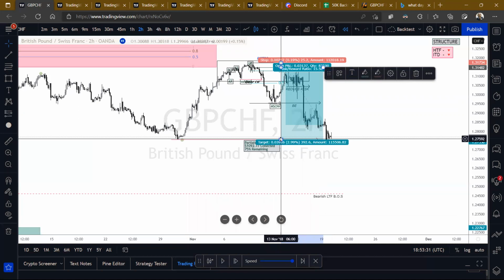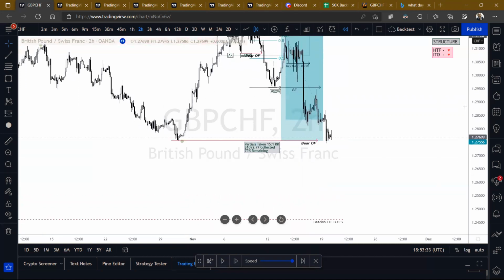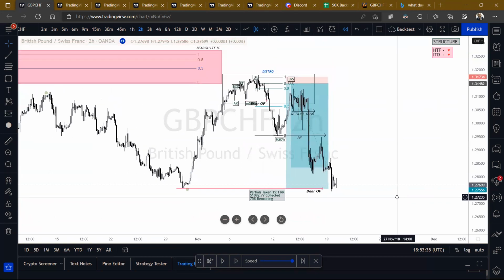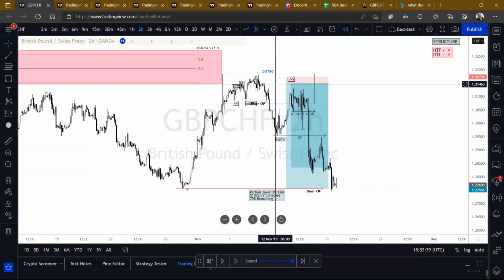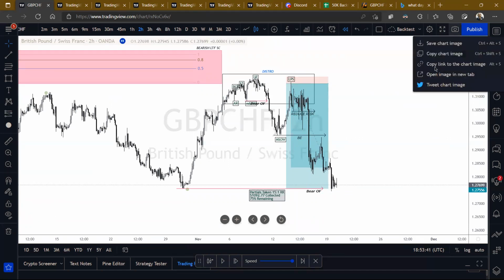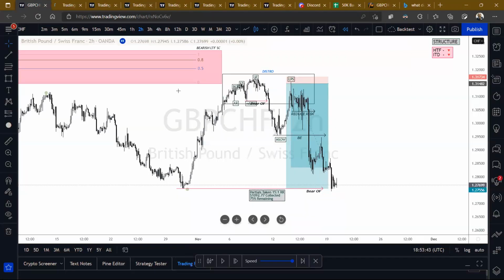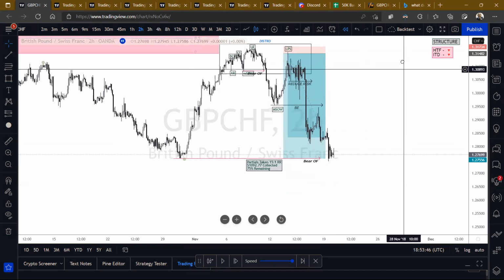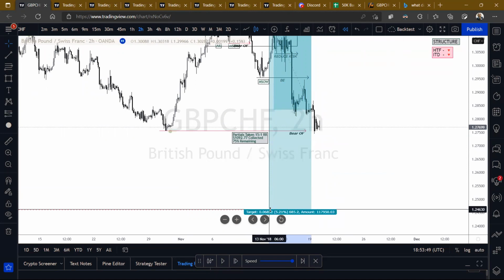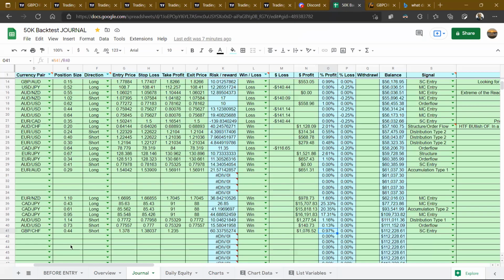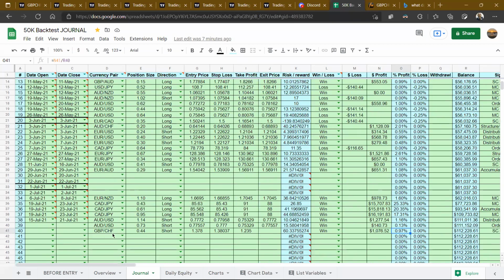Okay, so that's TP1. Now we're going to hold on for TP2. At the same time, we're going to go ahead and put this into our journal.